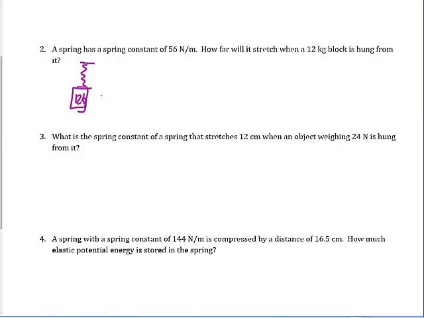But in newtons, we take m times g to find how much it weighs, and 12 times 9.8 is 117.6. So there's 117.6 newtons of force pulling down. So now I know F equals 117.6. I know k, the spring constant, is 56, and I'm trying to find x, how far this thing moves.